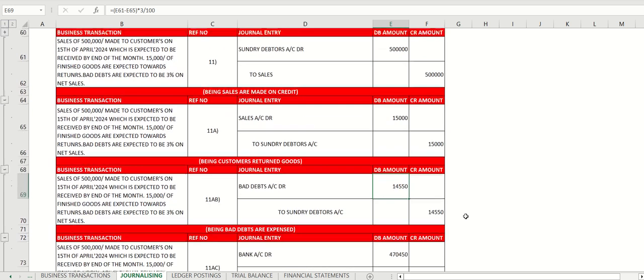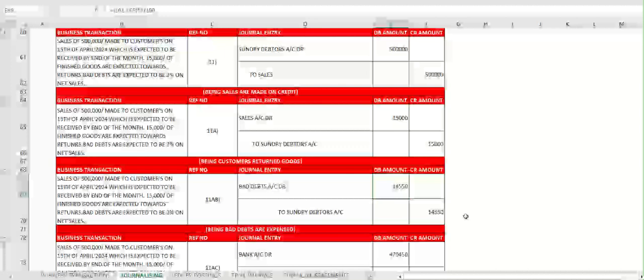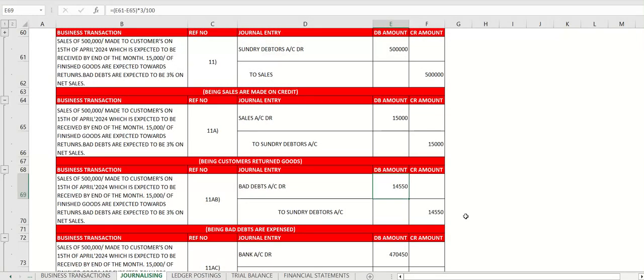Okay. So when the bad debts arise, this is not a provision actually. This is an actual bad debt. Due to that reason, I am directly adjusting my sundry debtors. It is a real bad debt which has arisen in the same reporting period. This is not a provision. If something is related to a provision, then the entries would be in a different way.